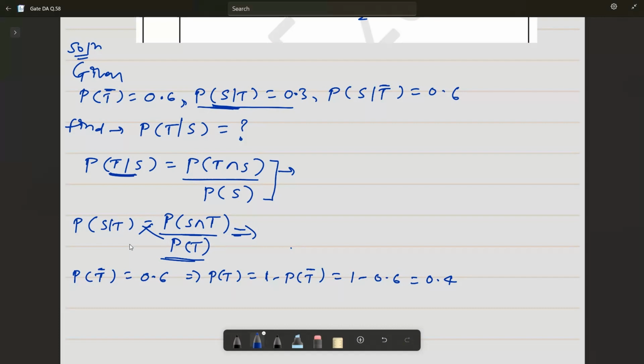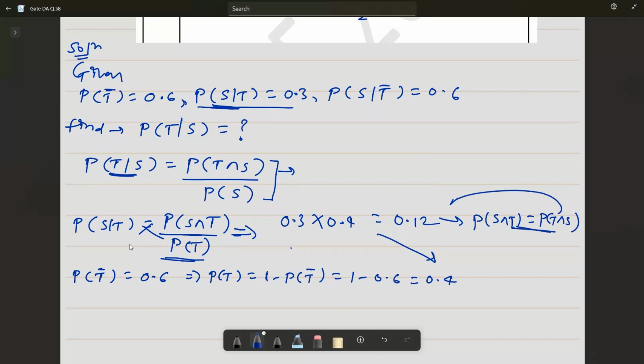Probability of S given T is 0.3, into 0.4, so it will become 0.12. Probability of S intersection T and probability of T intersection S are the same. Let us consider this equation 1.